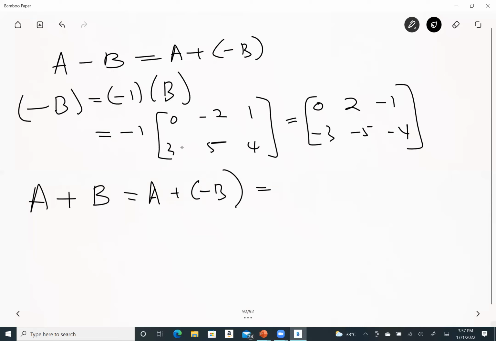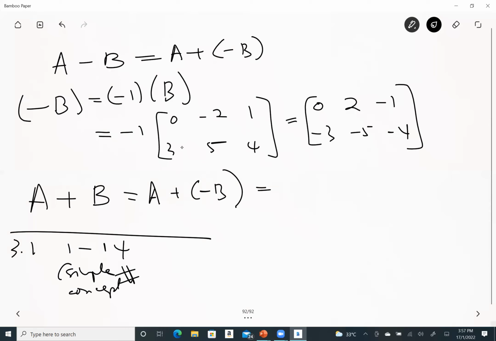Now 3.1, I would like to give you some questions. This is the basic concept. You look at the book from 1 to 14. These are simple, so you can do it very fast. If you are not sure, you go back, read the book. And then the addition and subtraction, scalar multiplication, you do some of them.